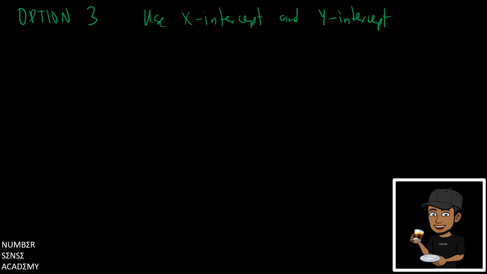Okay, so suppose we have an equation. Our equation is 2x plus y equals 4. So all we're going to do is find the x-intercept and the y-intercept. And that goes back to my point: all you need is 2 points to graph the equation of a line.